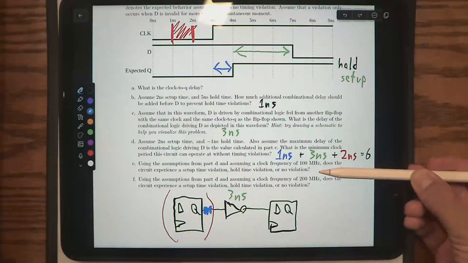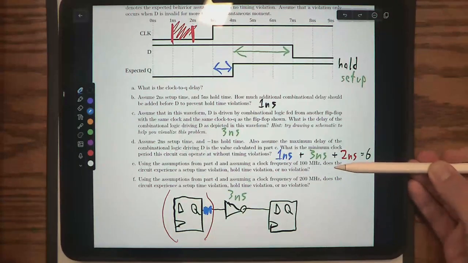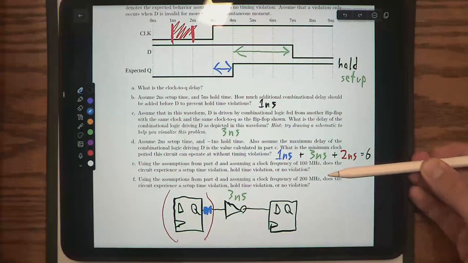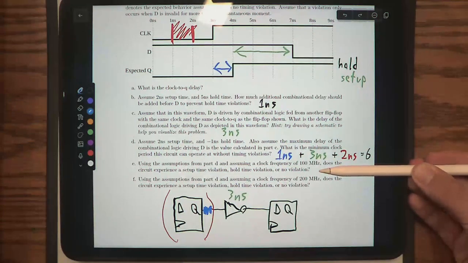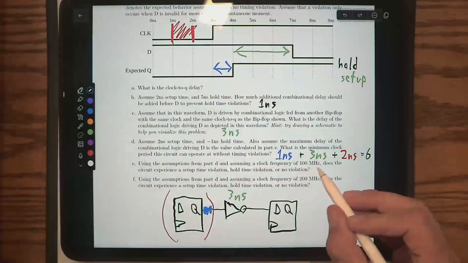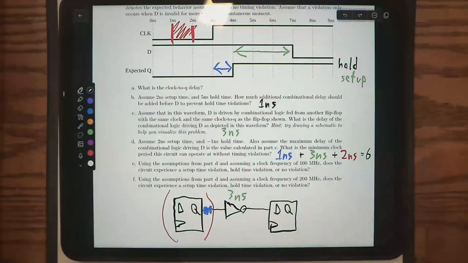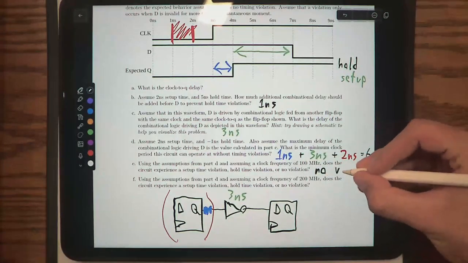That's not the problem. And we calculated the maximum allowed clock frequency to not have any timing violations. So I believe that this should have no violation because 100 megahertz is less than 167 megahertz.